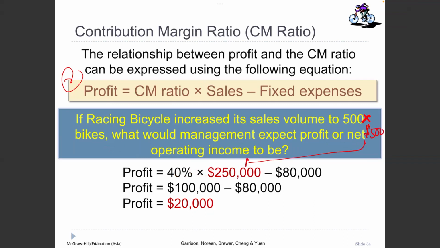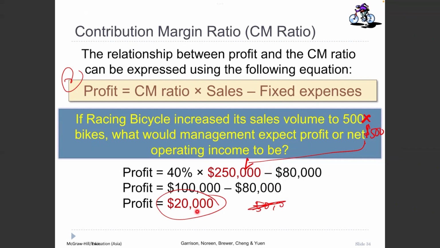So you get the total sales of $250,000 minus $80,000. So your profit will be $20,000, which is similar to what you have seen in the previous slide.